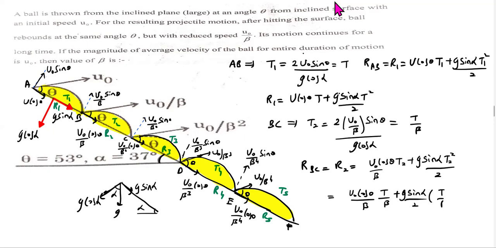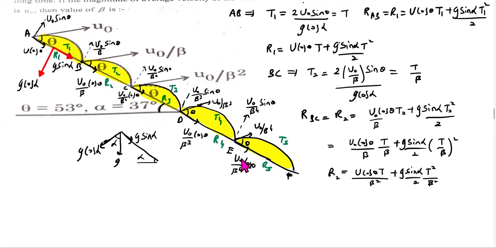T2 will be T by beta whole square. Okay, this will be 2 beta square. So let it be. So this is the R2. Similarly, we'll calculate R3, R4. We'll get some basic idea, then we can generalize it.